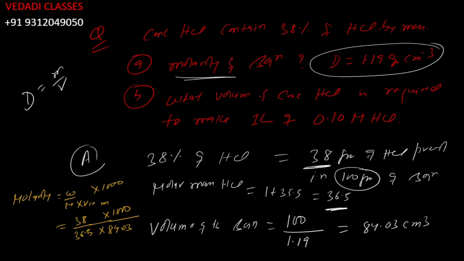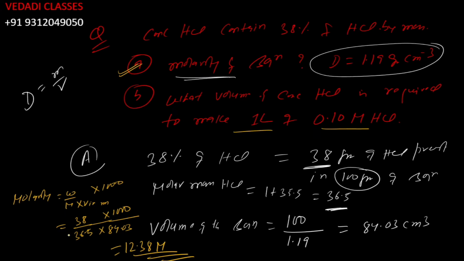When you put all the values, it will come 12.38 M, and this is your answer. So you got the answer of the first part, molarity. Now you have to get what volume of the concentrated HCl is required to make 1 liter of 0.1 M HCl.